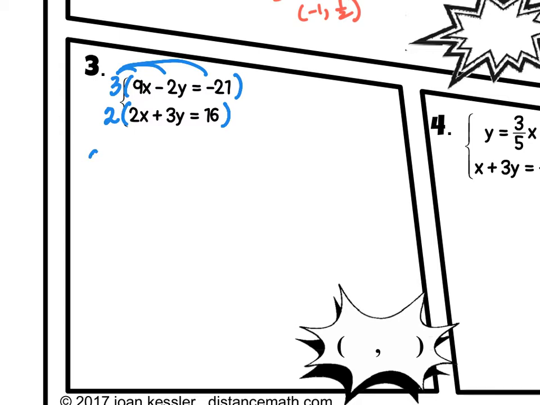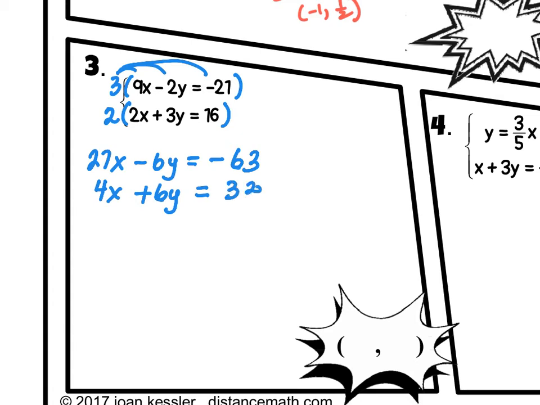So we have 27x minus 6y equals negative 63. 3 times 1 is 3, 3 times 2 is 6, so it's negative 63. 2 times 2x gives you 4x. 2 times 3 gives you 6y. And then 2 times 16 gives you 32.